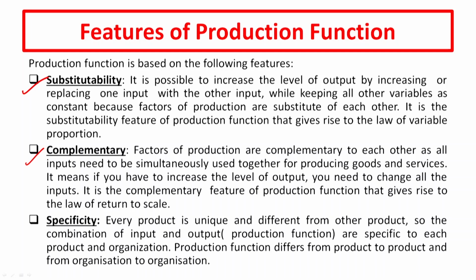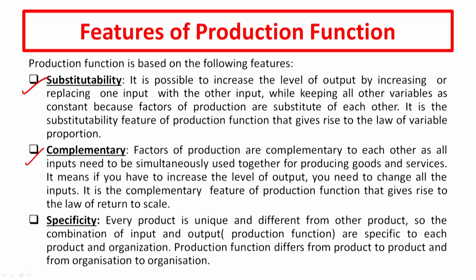Complementary. Complementary means this feature of production function says all factors are equally important and all need to be simultaneously changed in equal proportion in order to increase the output. That means all factors equally change for increasing the level of output.